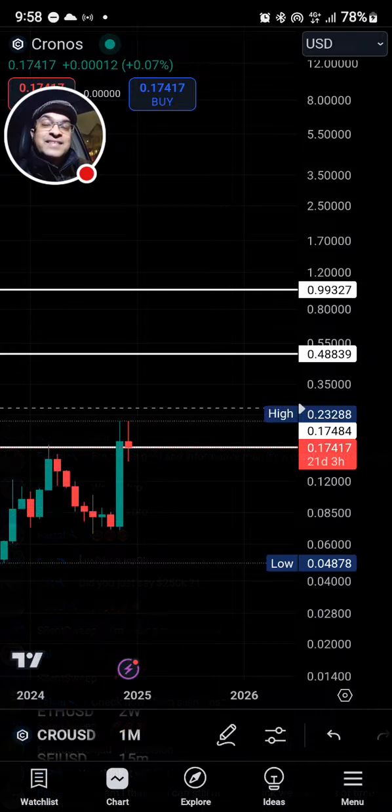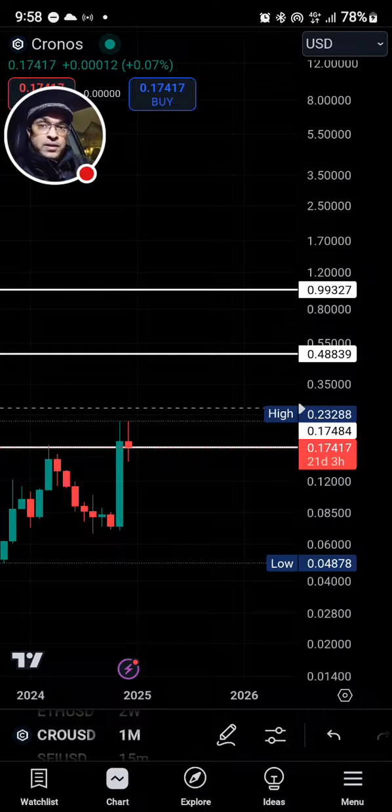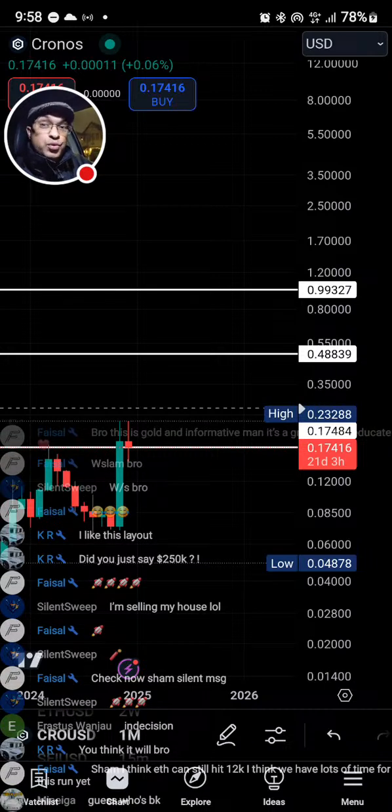Faisal says he thinks it's still going to go to 12, 13K. This is not a number that I've been talking about just today, bro. This is a number I've been talking about since 2020. This chart was drawn back in 2018.